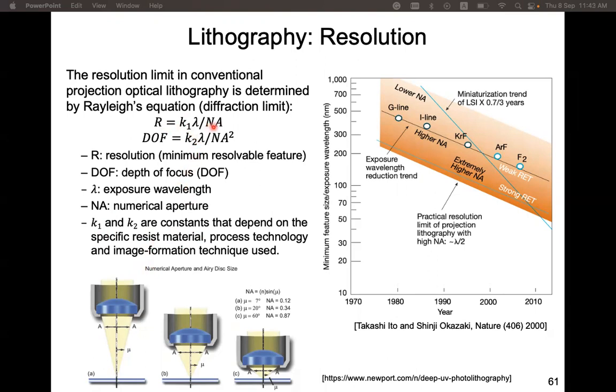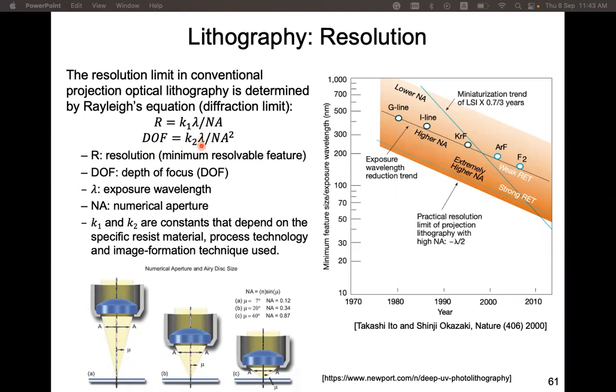But the projecting system is 3D, not only 2D, because the focus has a certain depth. And this depth of focus, DOF, is also proportional to the wavelength.